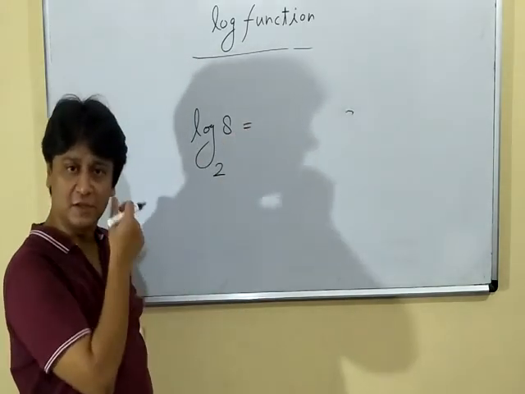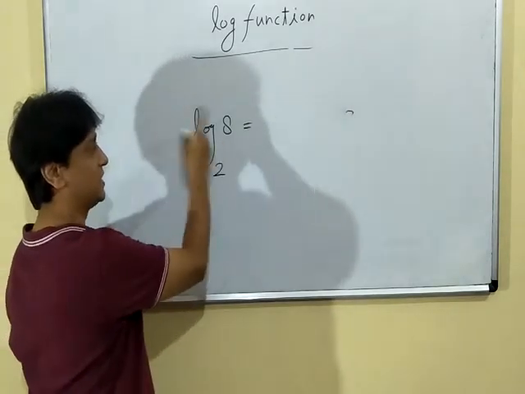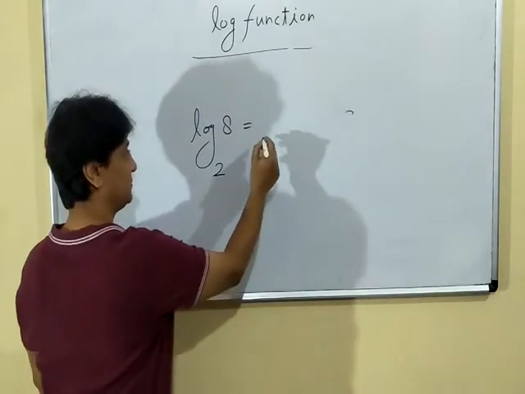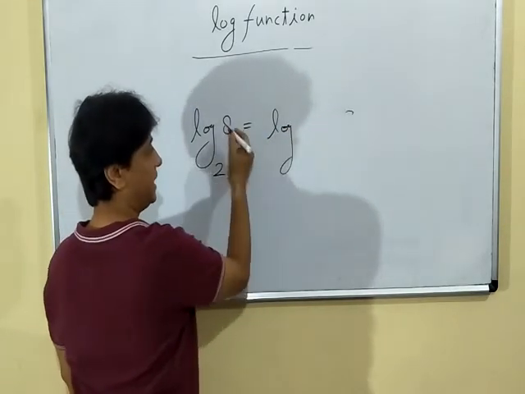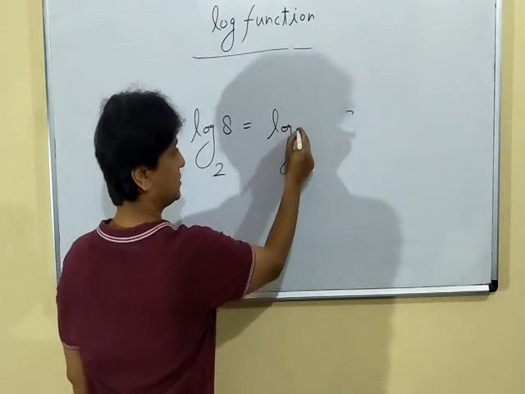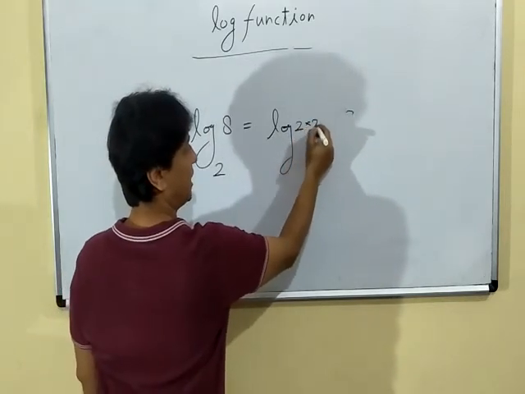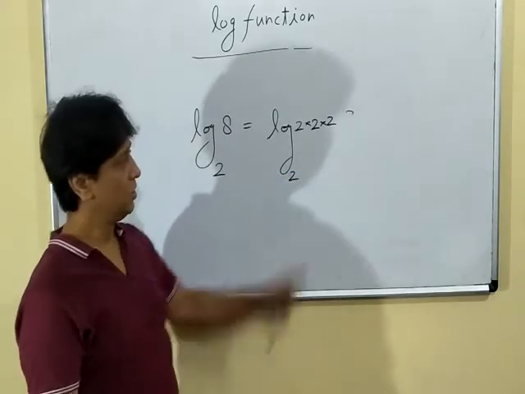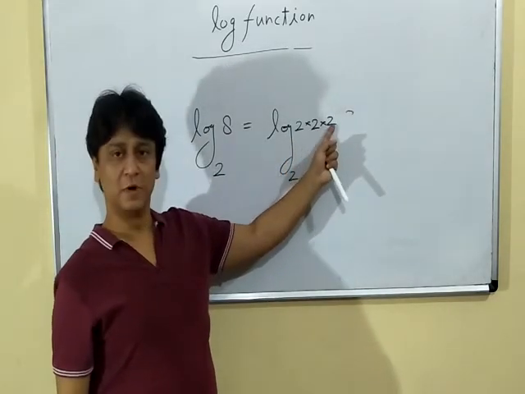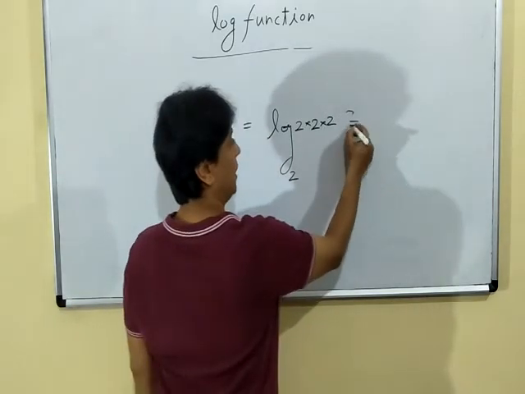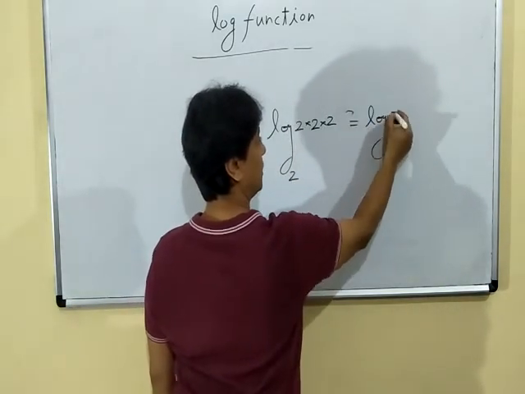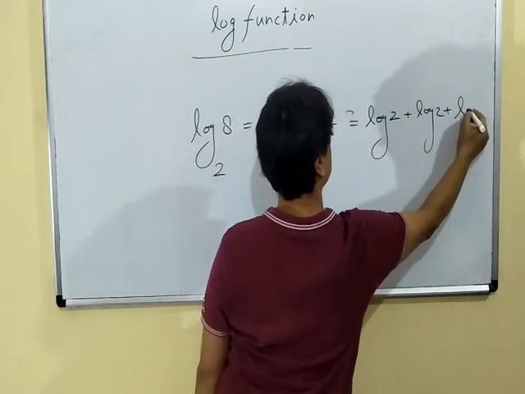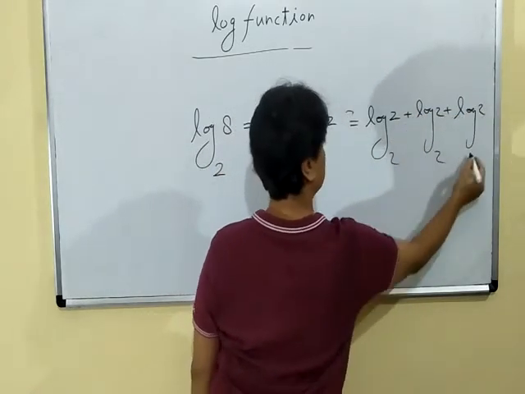Well, you know what the value of this thing is: to what power should we raise 2 to get 8. But we are looking at it in another way. We said this 8 can be written as 2 multiplied by 2 multiplied by 2, base 2. 2 into 2, 4 into 2, 8. What does our product rule say? Log 2 plus log 2 plus log 2.